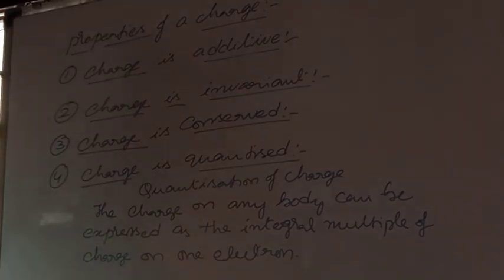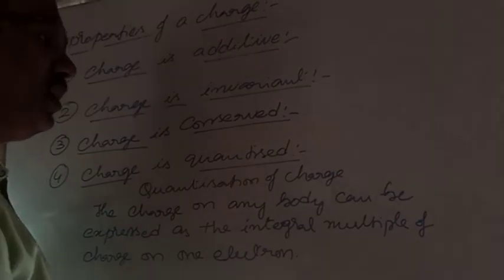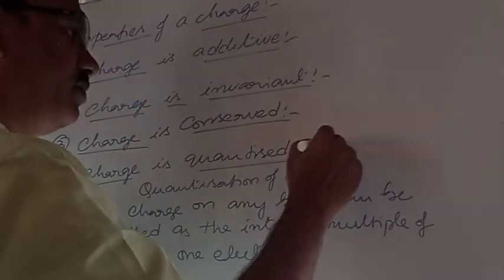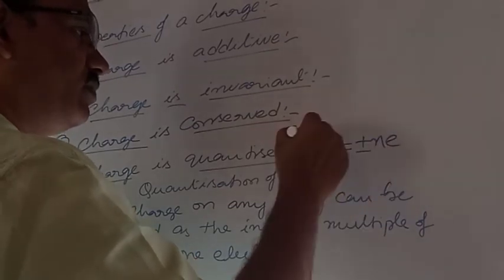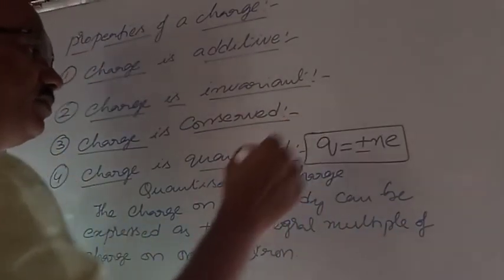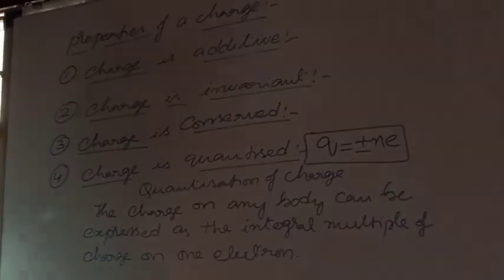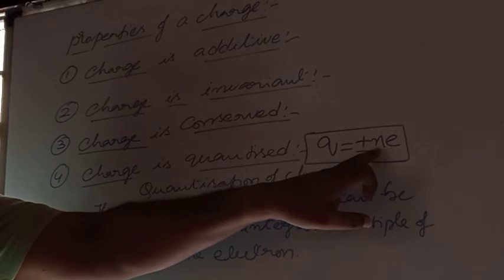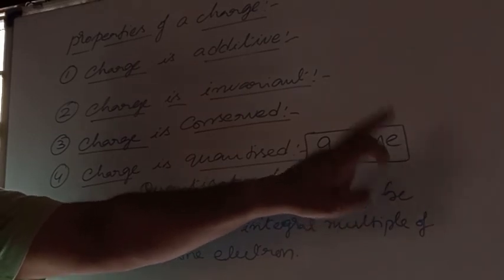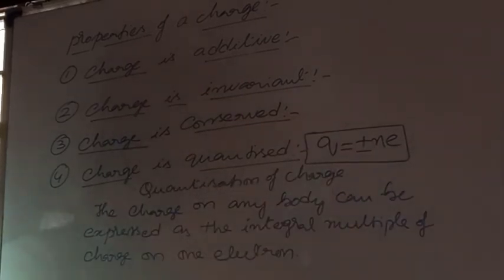The quantization of charge can be written in the formula Q equals plus or minus Ne. This property can be expressed in mathematical form as Q equals plus or minus Ne. Here Q is the charge on the body, N is an integer, and e is the charge on an electron.